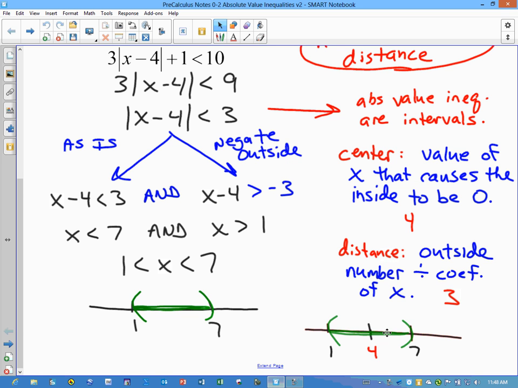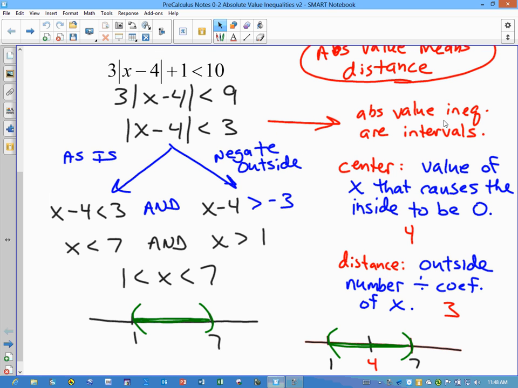So that's why I shade in what is within 3 units of 4. And don't forget to use the parentheses because we don't include the endpoints. There's no or equal to. And we're done. So if you really understand what these absolute value inequalities really mean, then you can basically look at this and say, well, it's centered at 4 with a distance of 3, so 1 and 7 are the endpoints. So you can solve a lot of these in your head.